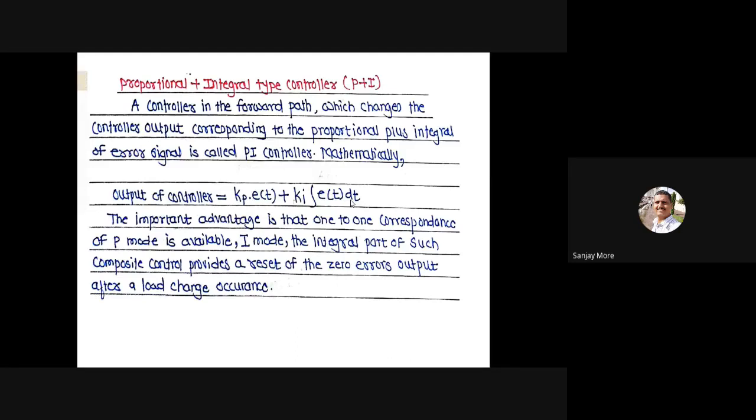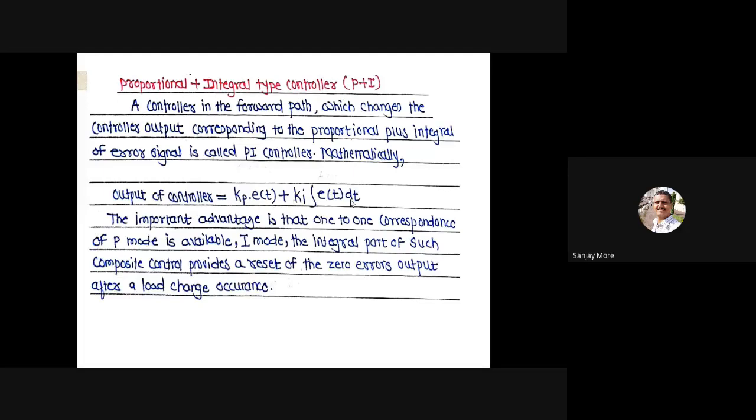And the important advantage is that the P mode, proportional mode, is available, and the I mode, integral mode.